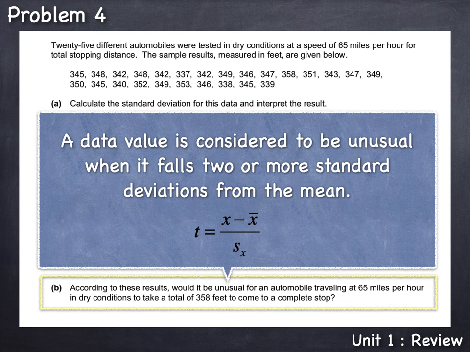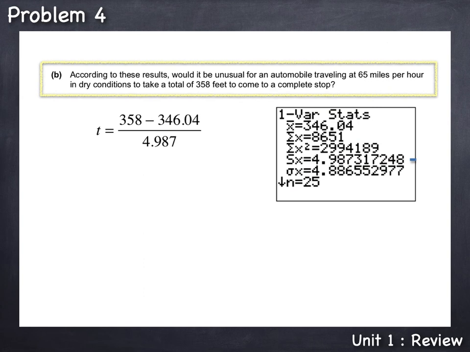So we have the data value x in question, 358 feet. We also calculated earlier using our 1-Var Stats command the sample mean x bar and the sample standard deviation s sub x.